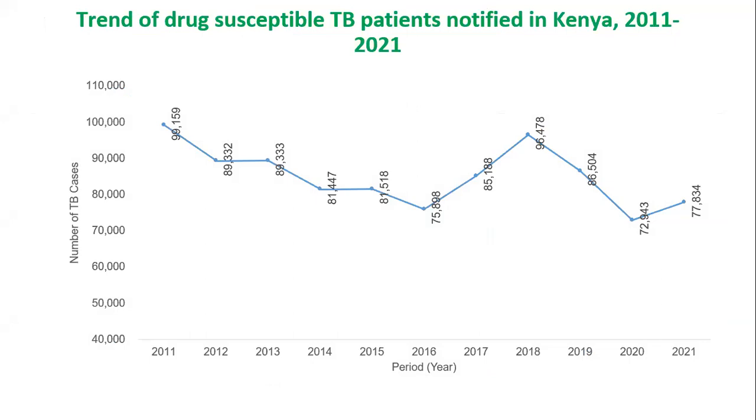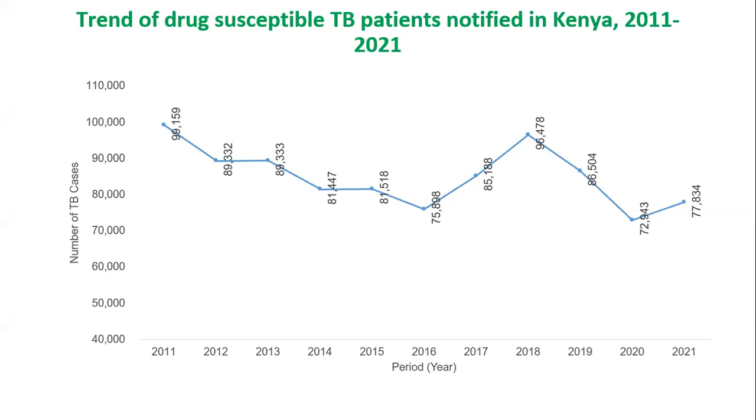As you can see, from 99,000 in 2011 to 75,000 in 2016 when the prevalence survey was conducted. And based on the results, we realized that actually we were missing a lot of cases. And from 2016, there was a sharp rise until 2018 of TB cases to almost 100,000 before we started again going down.